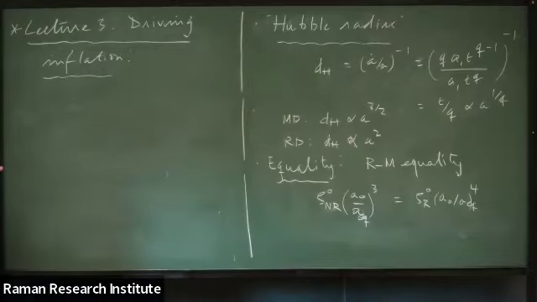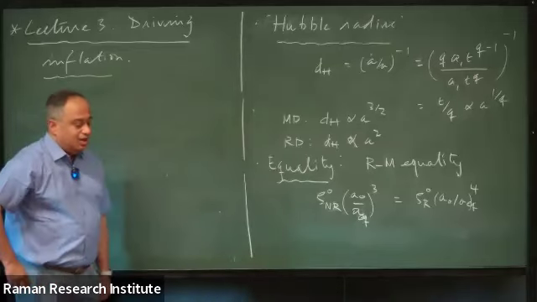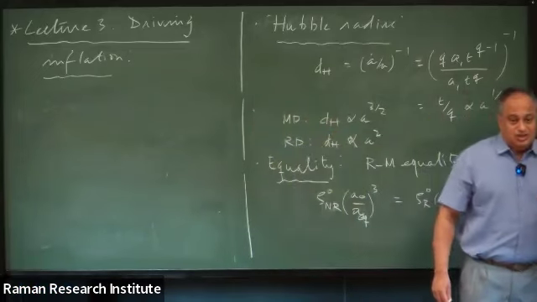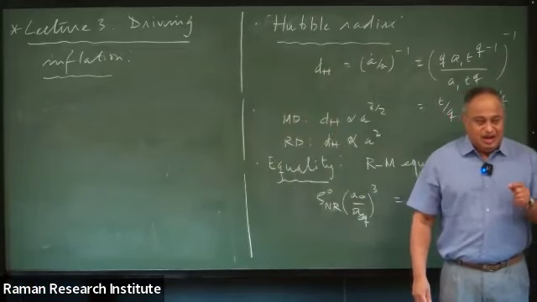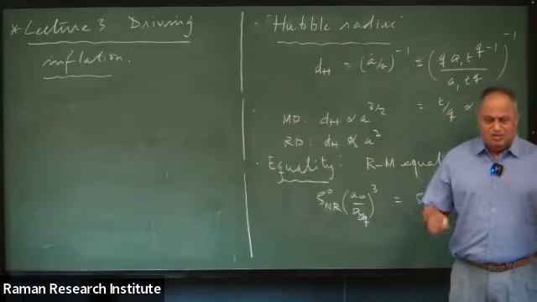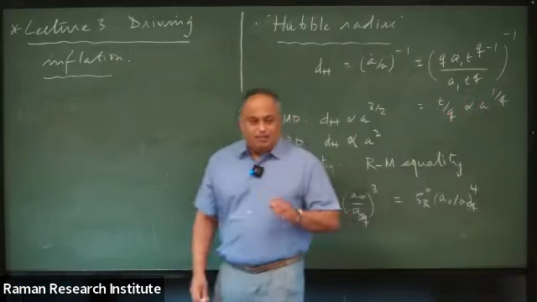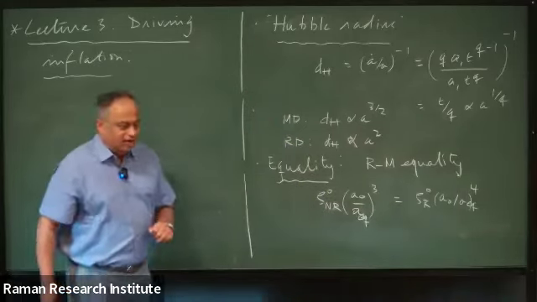In order to do so, we will try to understand, and I will explain this more as we proceed, what is the scale that enters, or depending on whether you go forward or back, leaves the Hubble radius at the epoch of equality. That's what we are interested in.